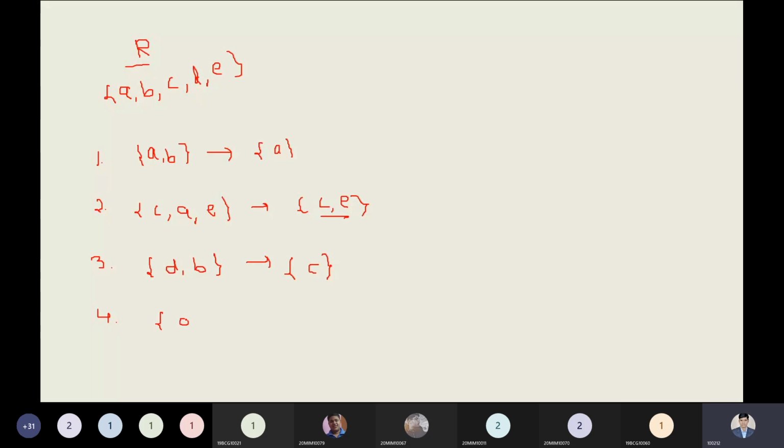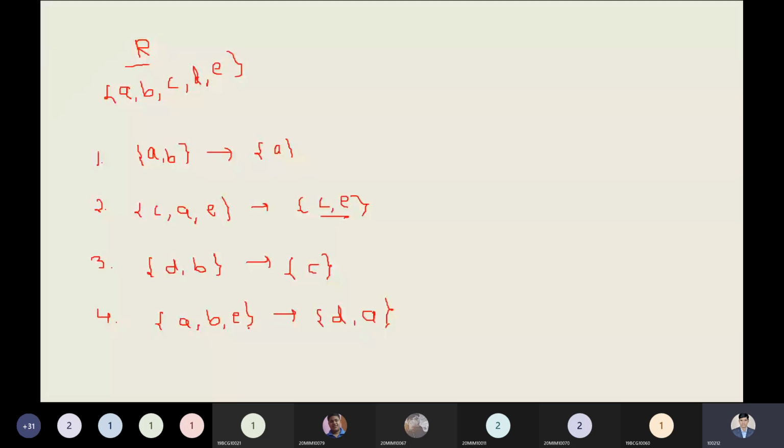I'm choosing A, B, and E on the left, and on the right I'm choosing D and A. At a time, it is not trivial, or it is not non-trivial?